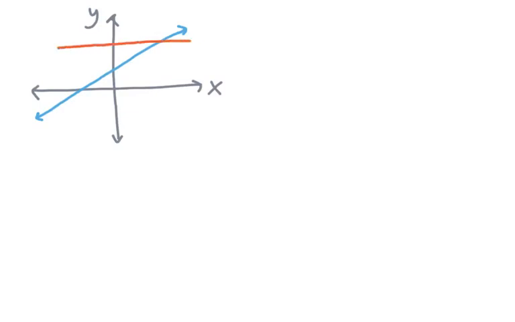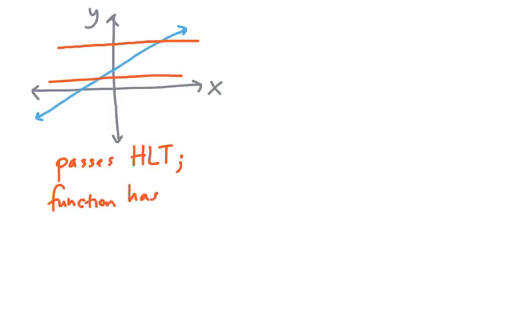If I place horizontal lines throughout the graph, do I ever touch more than one point on the function at a time? You can see here that the answer is no. So this graph passes the horizontal line test, and for us, that means the function has an inverse. A nice way to start talking about an inverse function is this idea that some functions have them and some don't.